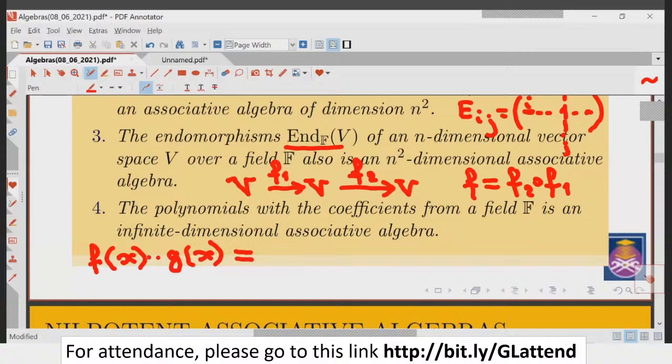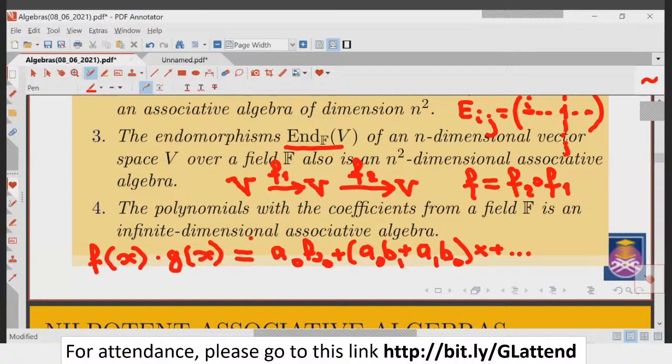When we studied rings, it was a0 plus b0, a0 times b0, plus (a0 b1 plus a1 b0) x, plus (a0 b2 + a1 b1 + a2 b0) x squared, plus etc. The coefficients, if you remember, you can find by using some summation.